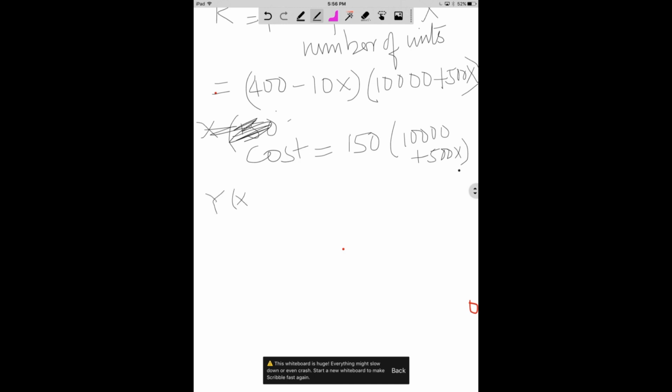y of x is equal to R of x minus C of x, or R minus C. What is R? R is 400 minus 10x times 10,000 plus 500x. Just substitute: y is equal to 400 minus 10x times 10,000 plus 500x.